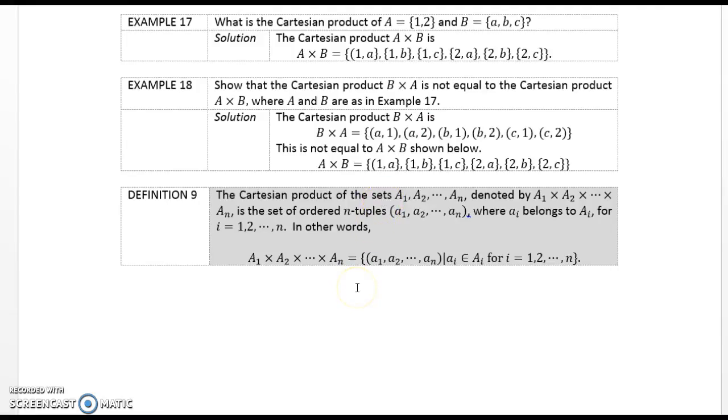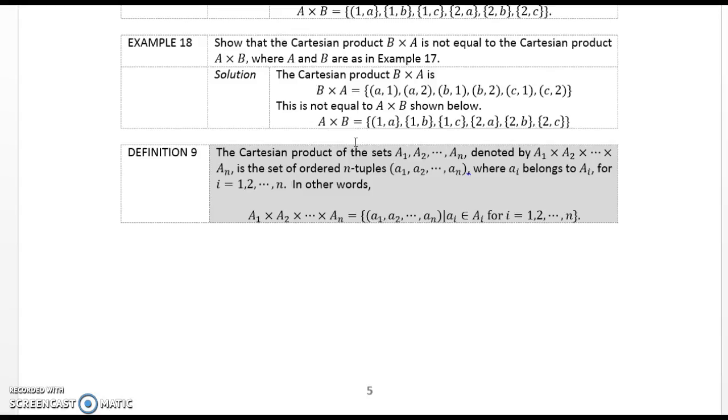Example 17. What is the Cartesian product of A, where A is the set {1, 2}, and B is the set {a, b, c}? The Cartesian product A cross B is (1, a), (1, b), (1, c), (2, a), (2, b), and (2, c). Example 18.